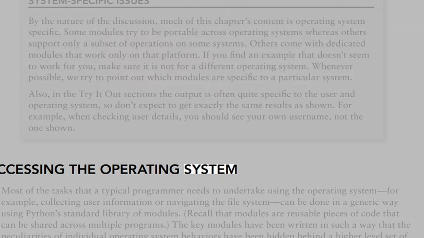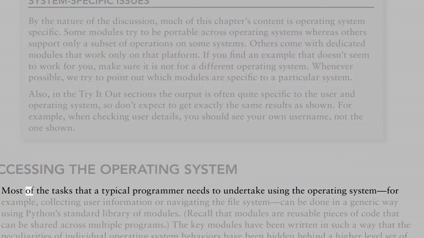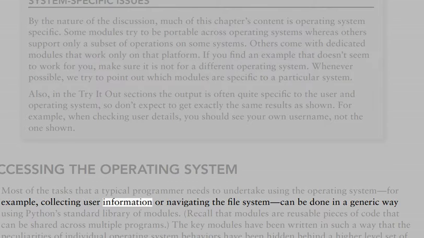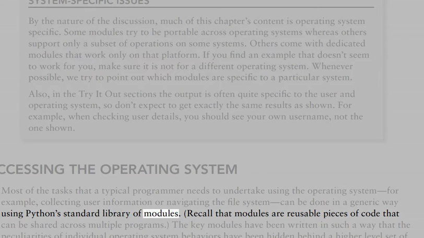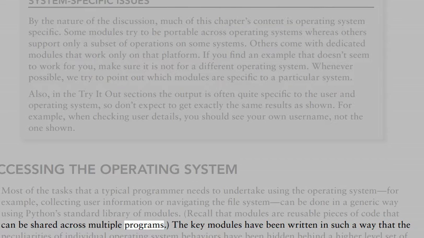Accessing the operating system. Most of the tasks that a typical programmer needs to undertake using the operating system, for example, collecting user information or navigating the file system, can be done in a generic way using Python's standard library of modules. Recall that modules are reusable pieces of code that can be shared across multiple programs.